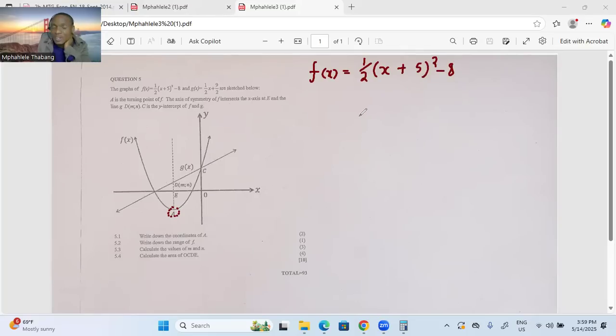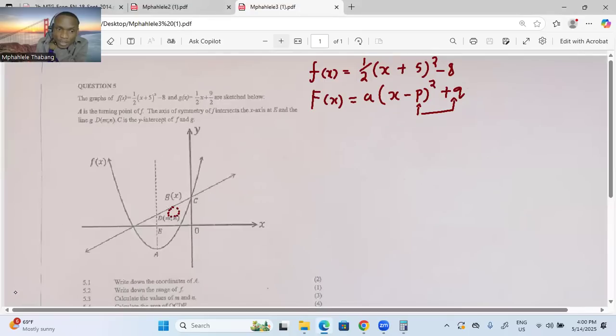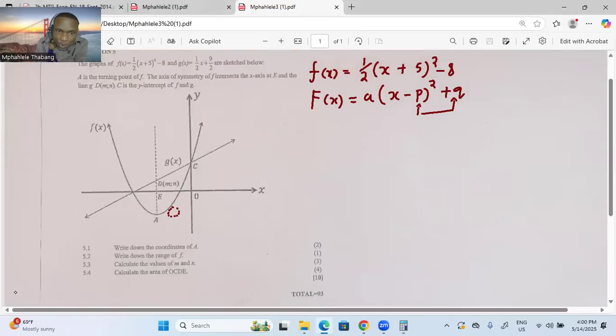Actually, this quadratic function is in the form f of x equals a(x minus p) squared plus q. So when we say this, p and q represent the turning point of a quadratic graph. So on 5.1, he's looking for the coordinates of A, and the coordinates of A is the turning point of the graph.